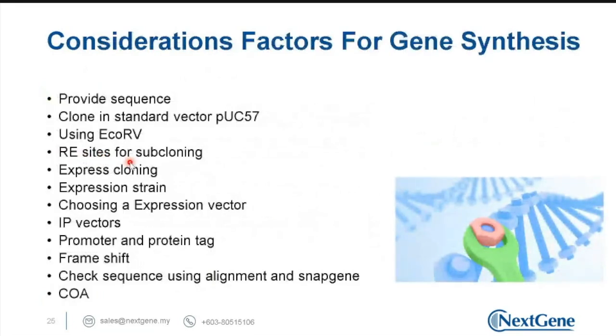Let's say the user is planning for subcloning because they want to transfer the sequence of interest into an expression vector. For this, at GenScript, we offer something called express cloning.